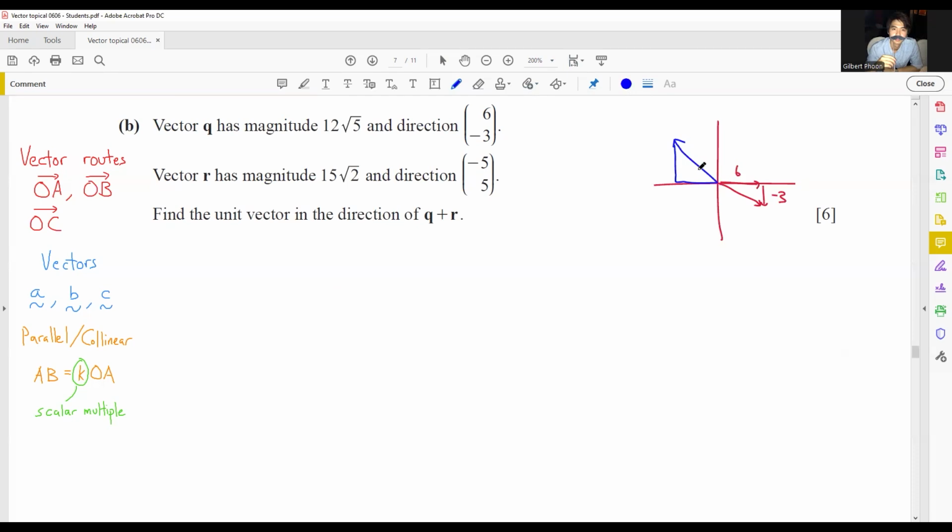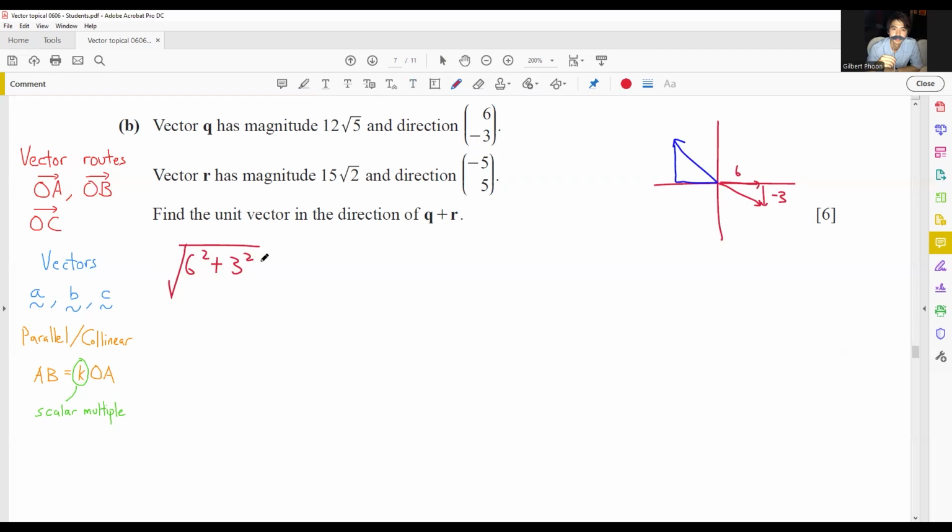Now, what we want to do is find the magnitudes of this and this respectively. Okay. So going back to Q, for Q, it is actually 6 squared plus 3 squared, or you can put negative 3 squared, it's the same thing.